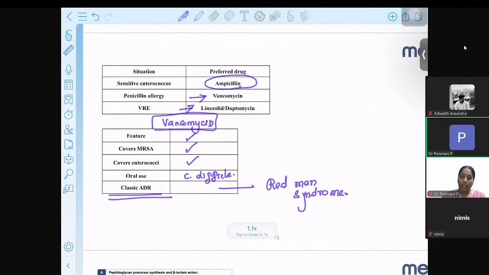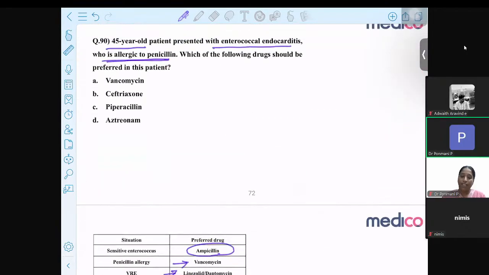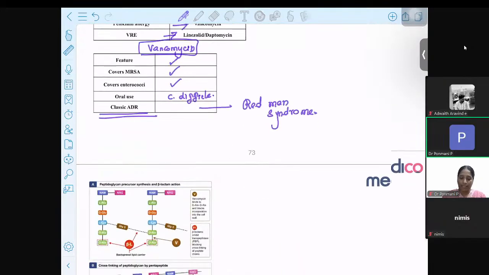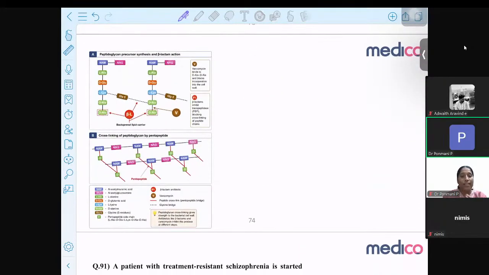So in penicillin allergy patients, what drug can you use? You can go for vancomycin. And how does this vancomycin act? Normally, there is going to be cross-linking between the peptide chains of the bacteria. And penicillin is going to inhibit the transpeptidase enzyme. What is vancomycin going to do? Vancomycin binds to the terminal D-ala.